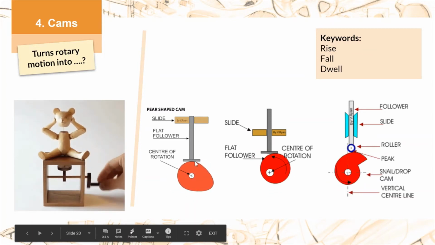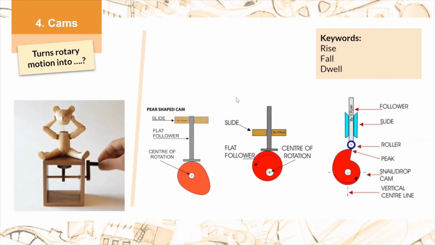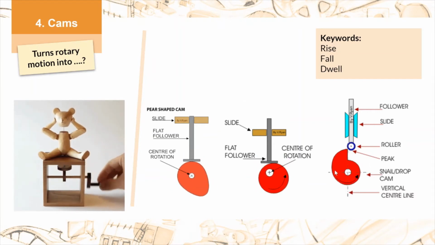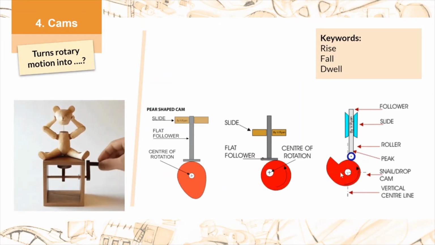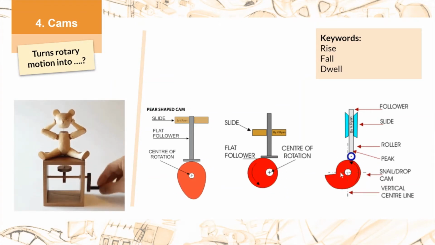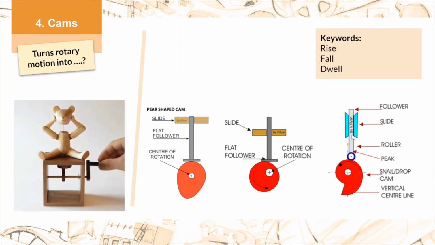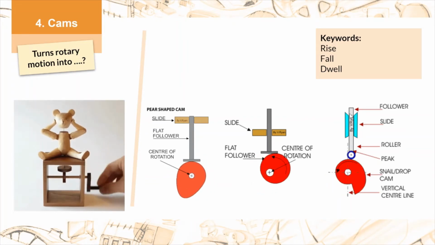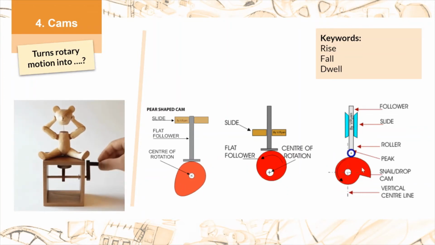Rise, fall, dwell. Now what's going on the right hand side with this funny shaped one? It's called a snail shaped cam. So it rises slowly then drops quickly. So it rises slowly, falls and then dwells.